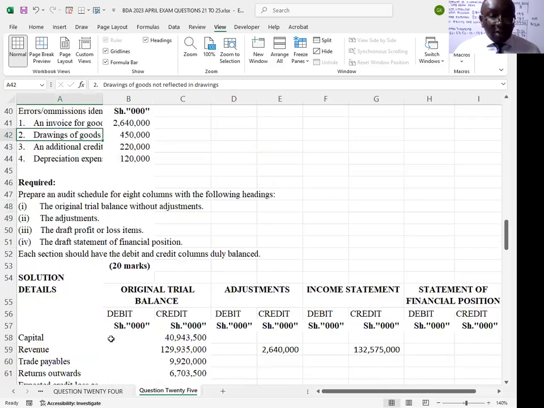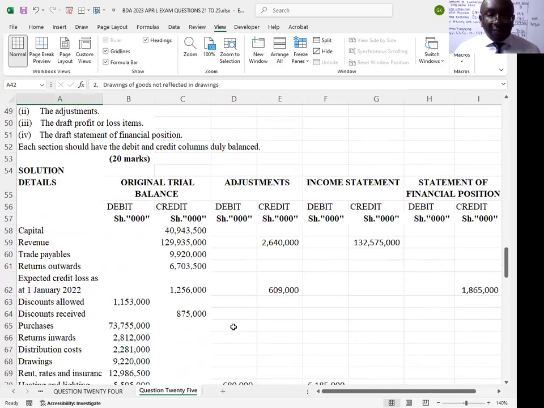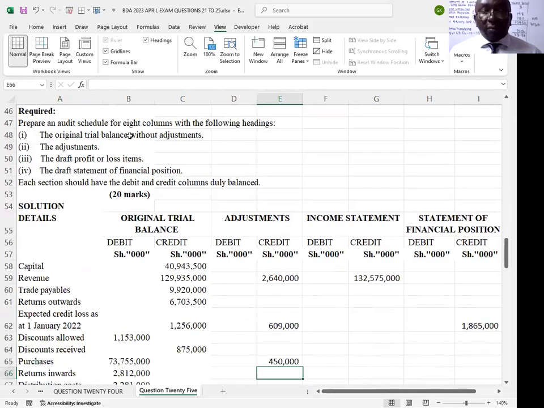So let me see whether we have the purchase deal here. So we first of all credit the purchases equals these drawings. It's supposed to reduce the purchases. And remember, purchases will be on the debit side of the income statement.